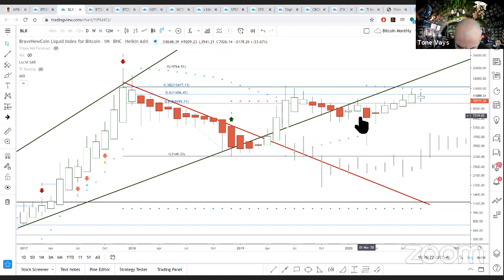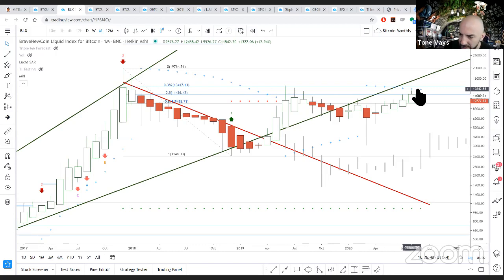Now these two candles here really changed the trajectory. And as you can see, nothing is really interesting in the MRI space with the monthly Heikin-Ashi, but it's another green candle.